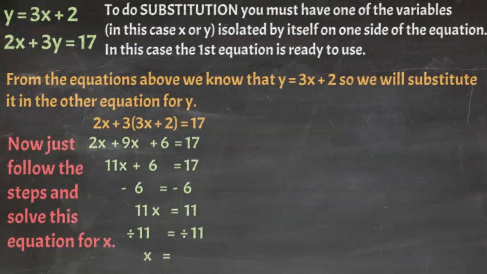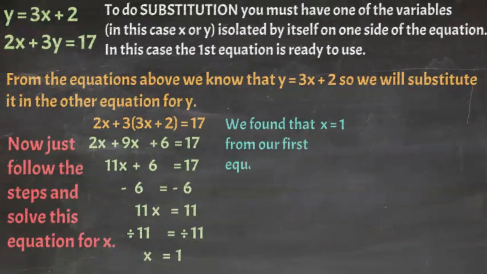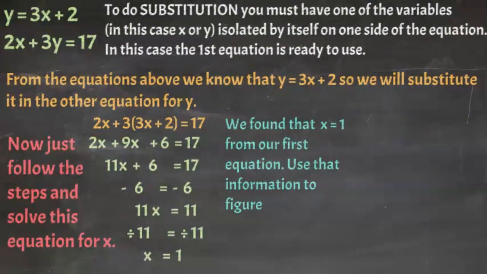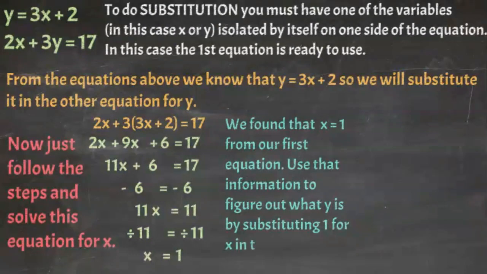So now we have one of the coordinates. We found that x is equal to 1 from our first equation. Use that information to figure out what y is by substituting that number for x in the other equation. So y equals 3x plus 2.